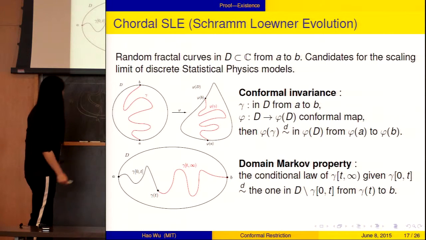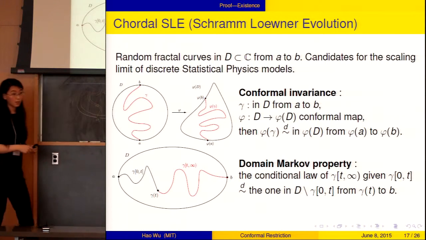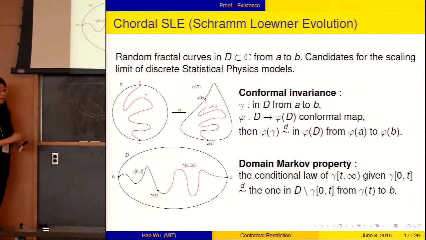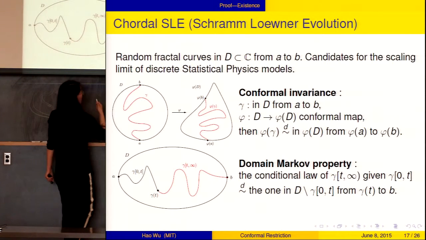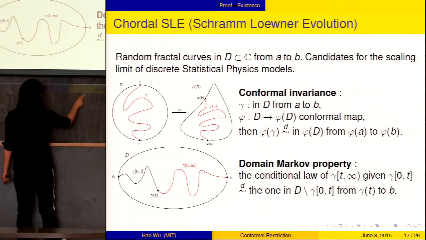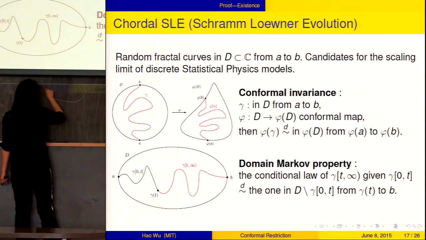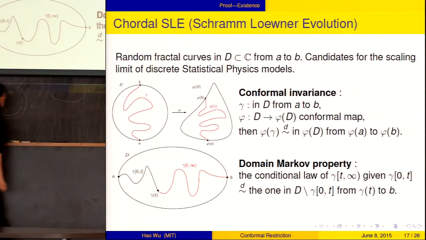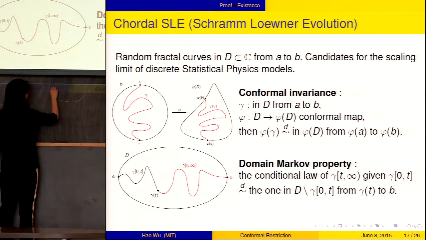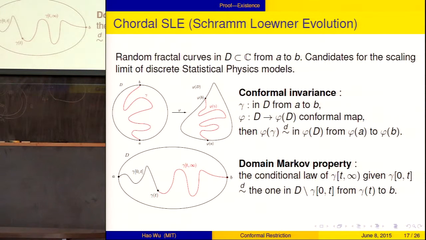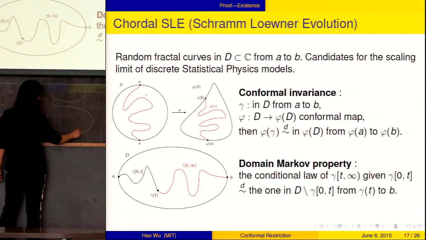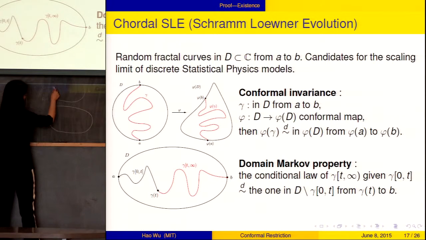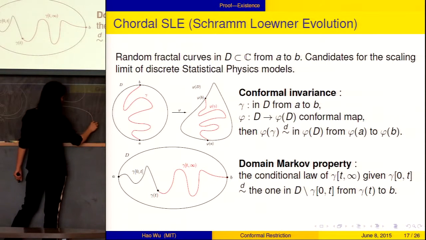The second remark is, in fact, a random curve satisfying both these 2 properties is very restricted. The combination of these 2 properties is very strong. Suppose we have a curve that satisfies both these 2 properties. We run this curve up to a small time epsilon. We define phi 1 as the conformal map from the remaining region onto the initial region, sending the tip to the starting point and fixing the endpoint.